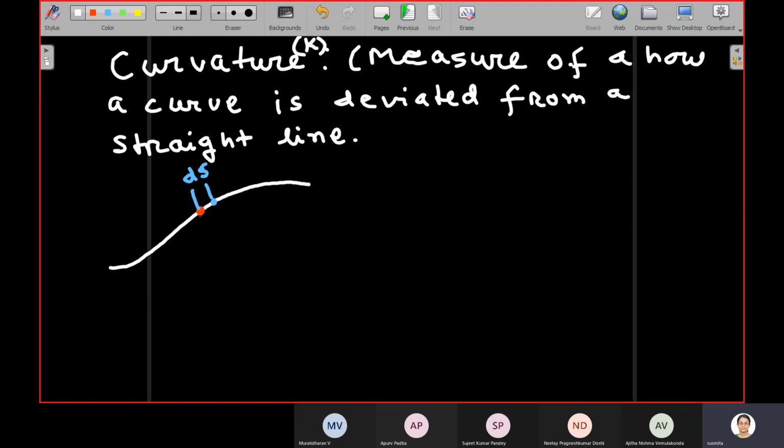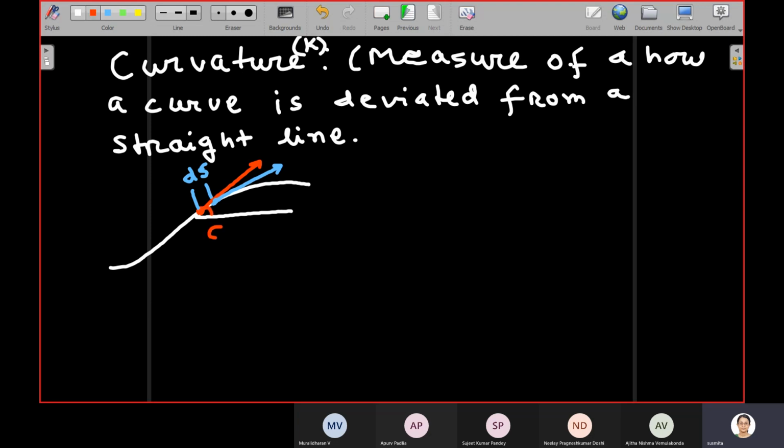And then, at the red point, this is the tangent to the curve. And at the blue point, this is the tangent to the curve. Okay. And then we find the angles that the tangents make with some reference direction. So this white horizontal line shows the reference direction.